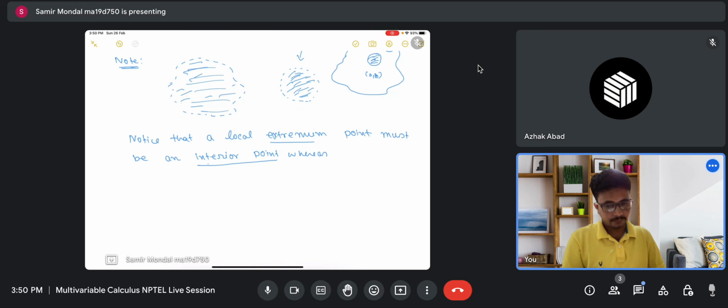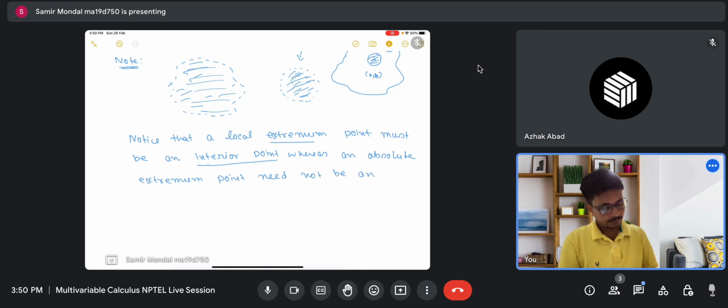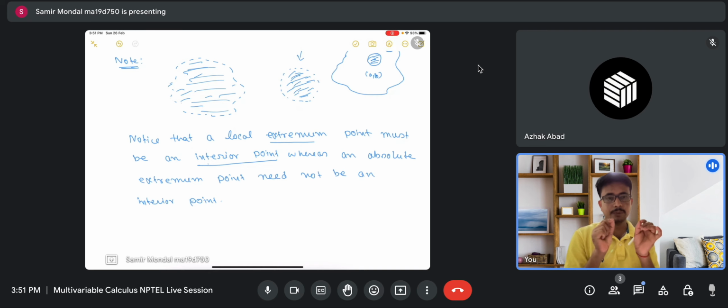Whereas an absolute extremum point need not be an interior point, because at that time we are talking about the full domain D, not about only an open disk. So an absolute extremum need not be an interior point.